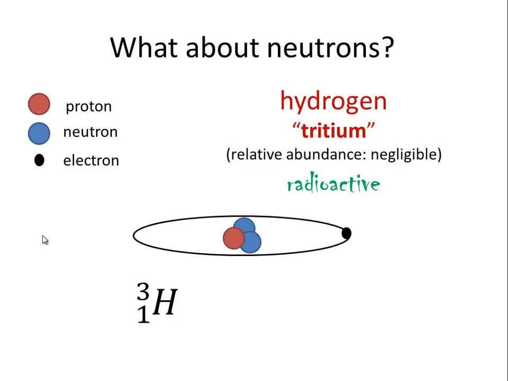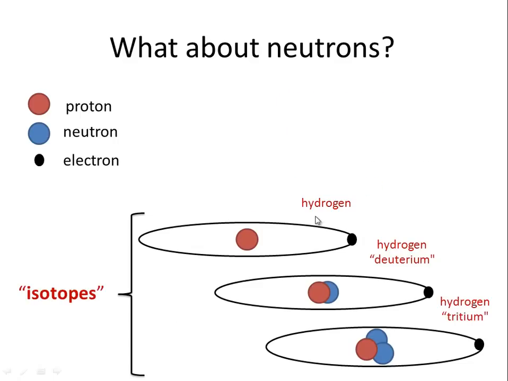So what's the term for these three different types of hydrogen? We call them isotopes, and you probably remember that from either physical science or middle school. So we've got hydrogen, where there are no neutrons at all, and that's by far the most common type.